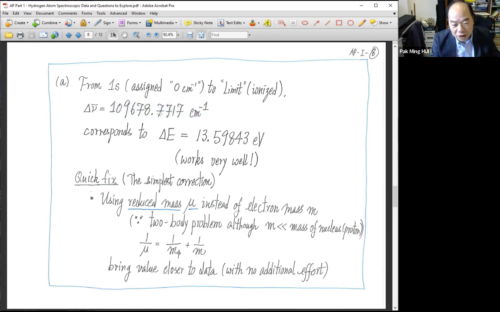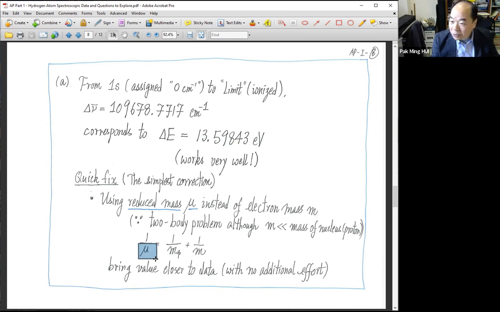Doing the calculation, it amounts to 13.59843 eV. So that actually came quite close to what you solved from the Schrödinger equation, especially when you use the reduced mass instead of the bare electron mass.